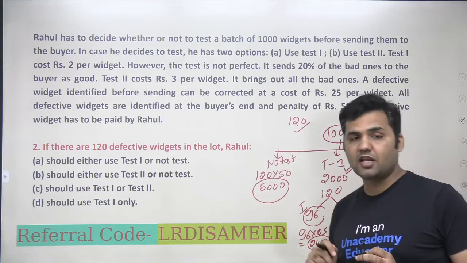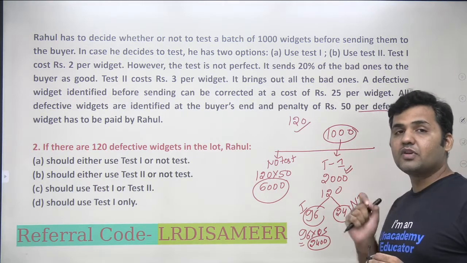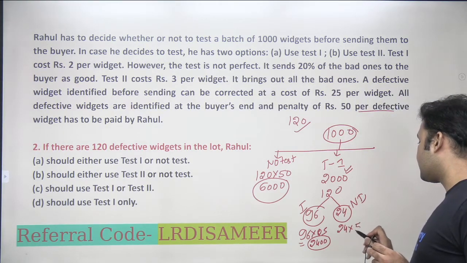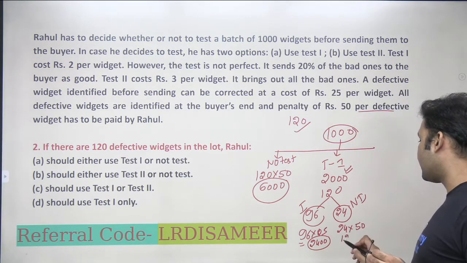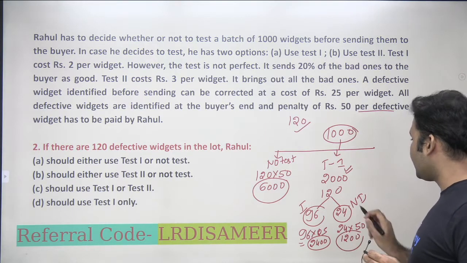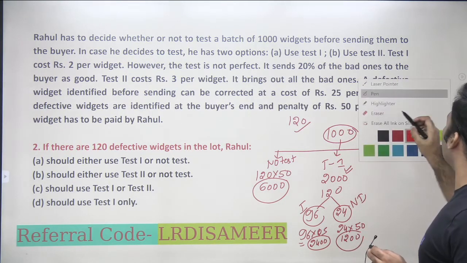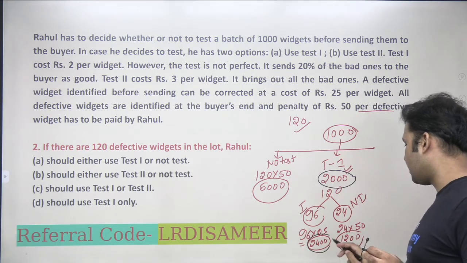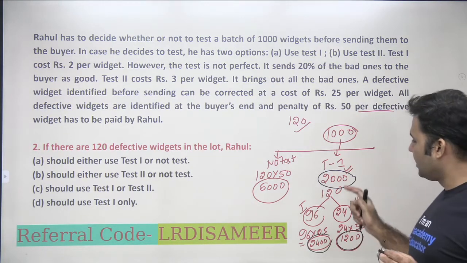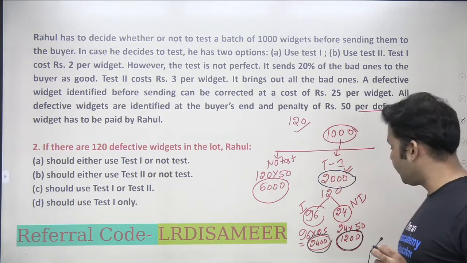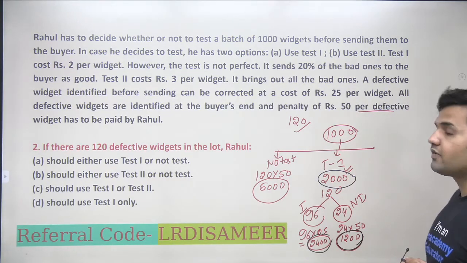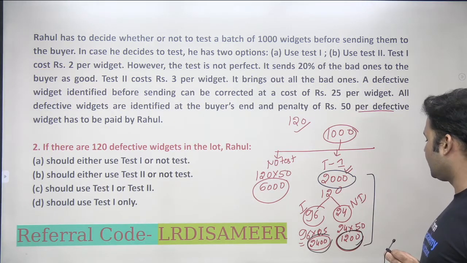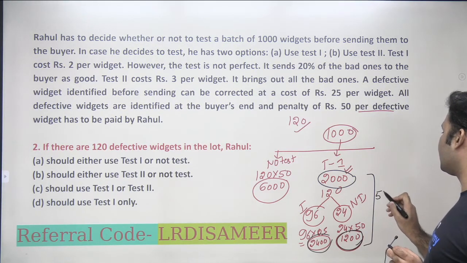So 24 widgets at 50 rupees per widget, the total will be 1200. So in test 1, the complete amount Rahul will be spending is 2000 plus 2400 plus 1200. 2000 plus 2400 is 4400, 4400 plus 1200 is a total of 5600.